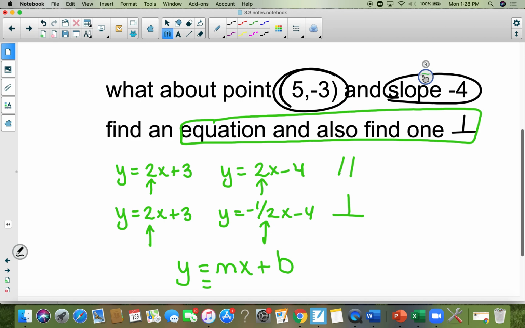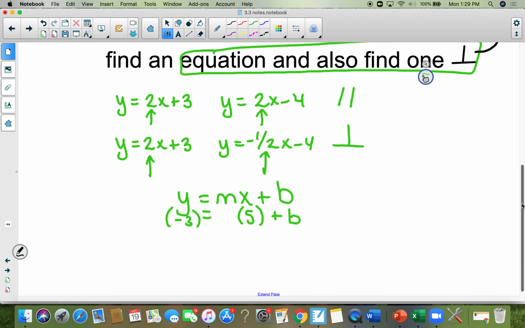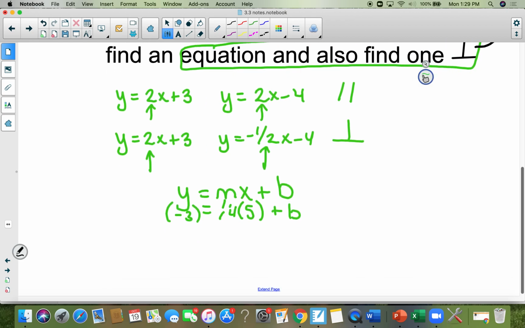They give us the point 5, -3, so in place of the x, I'm going to put the 5, and in place of the y, I'm going to put the -3. I need to find b. But if I want it to be perpendicular to -4, I'm not going to use -4, I'm going to use a positive 1/4 right here. So I want it to be perpendicular to it.